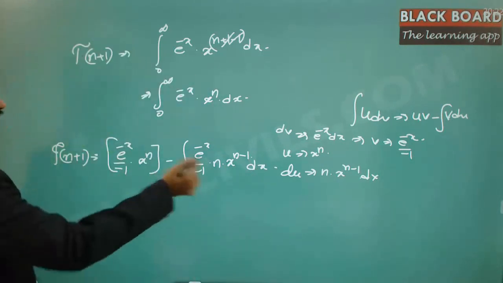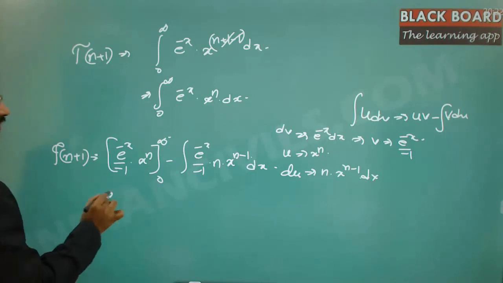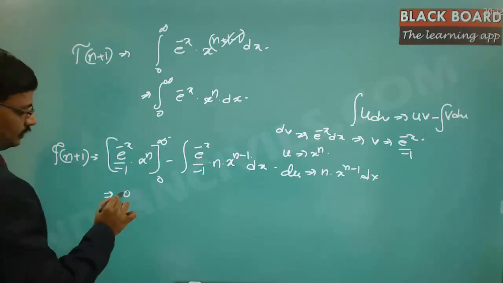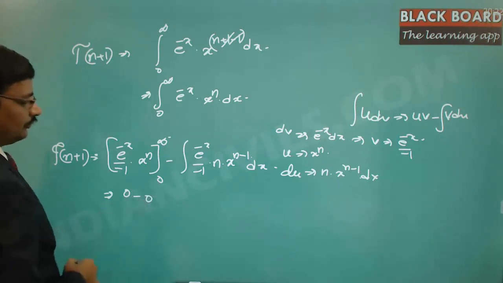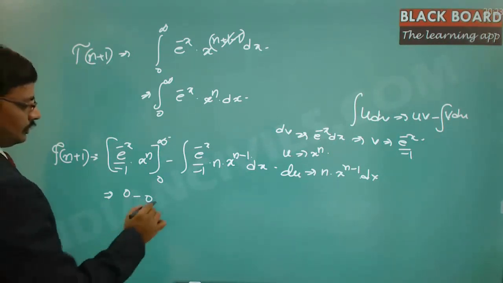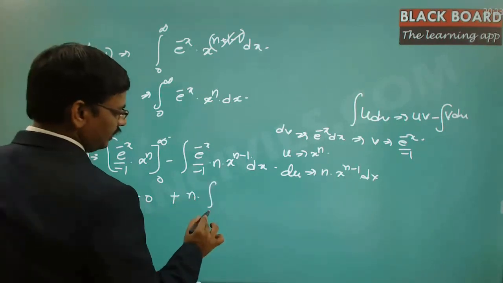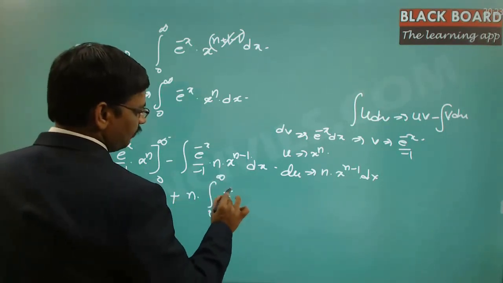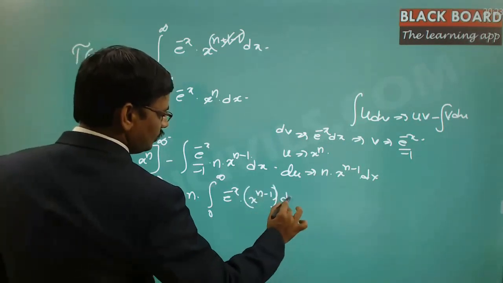Now minus 1 and n being constants, you substitute the limits in the first term, and the upper limit gives 0 and the lower limit again gives 0. So minus of minus will be plus, and then n into the integral from 0 to infinity of e power minus x into x power n minus 1 dx.